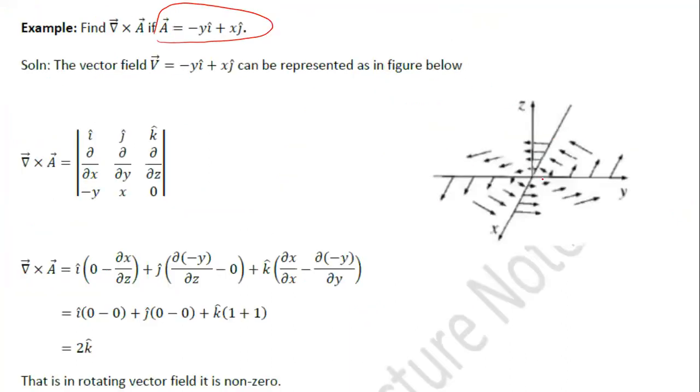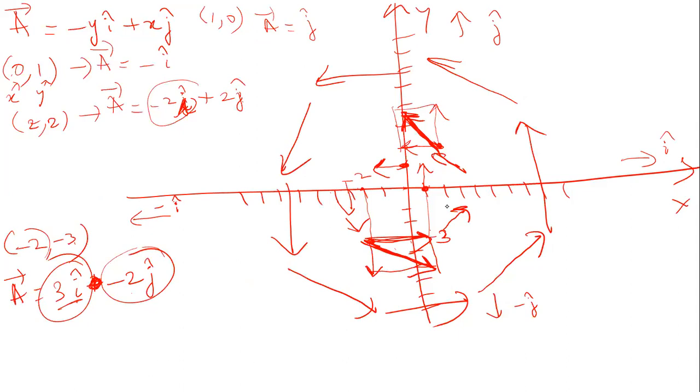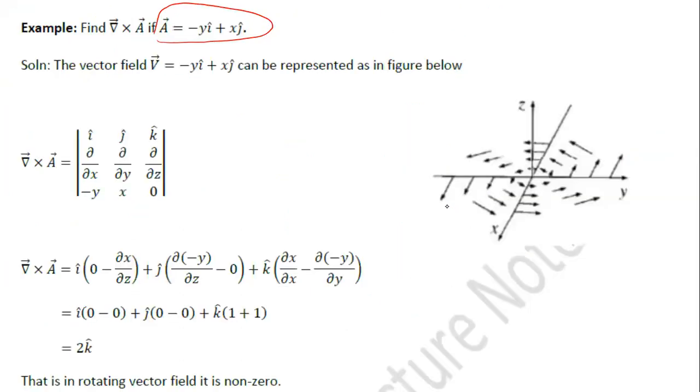So towards the origin, you will have a smaller magnitude vector, which is rotating. And away from the origin, you have larger and larger magnitude vectors, but also rotating. If you construct all the vectors for all the coordinate points in the space, this is what you're going to get. Now, we can see that this vector field, A vector field, is rotating around this origin.